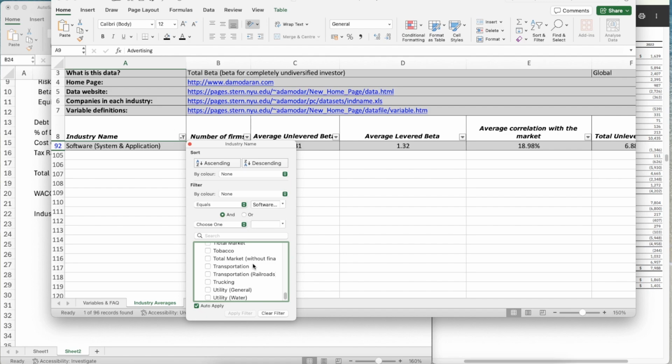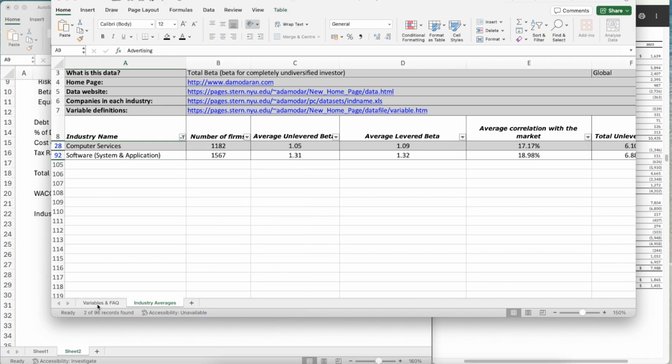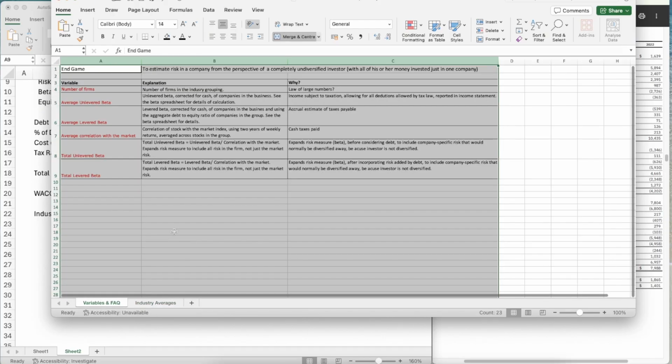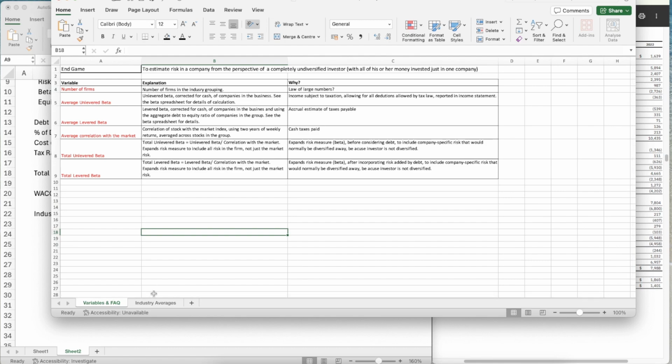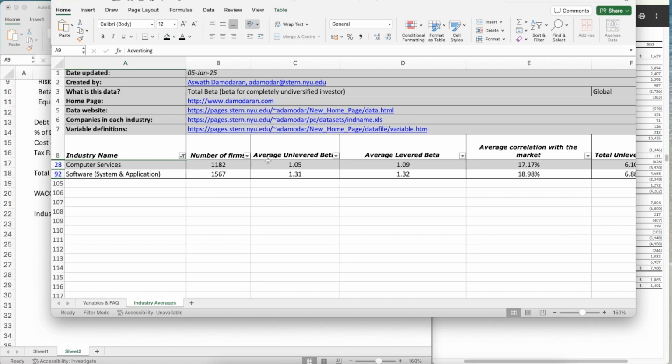No. Computer services. Okay, well, let's try those two. No. Okay, yeah. Let's go with those two: computer services and software system and application.